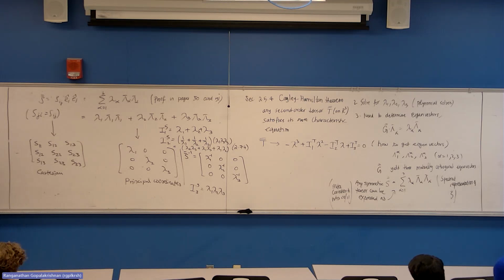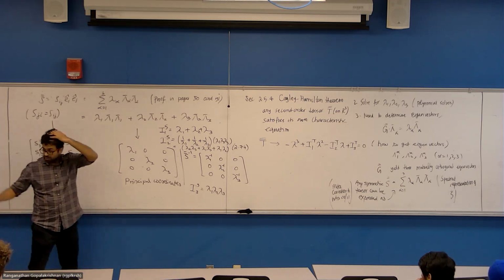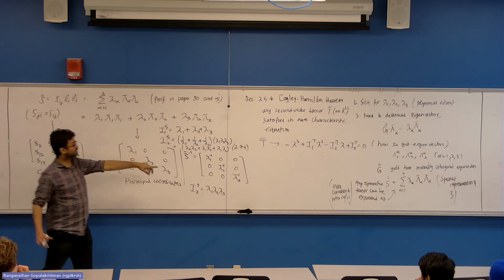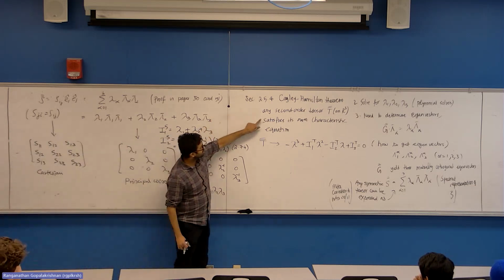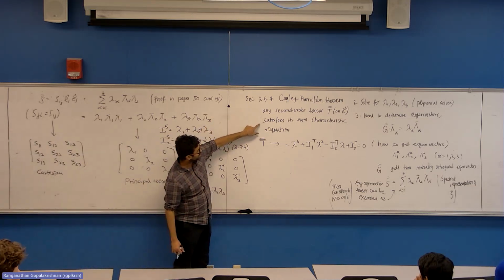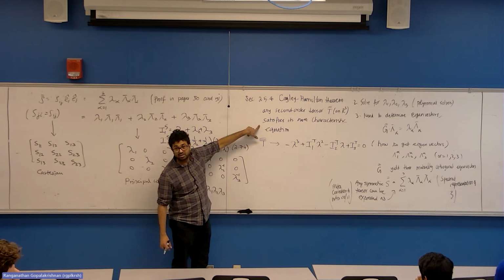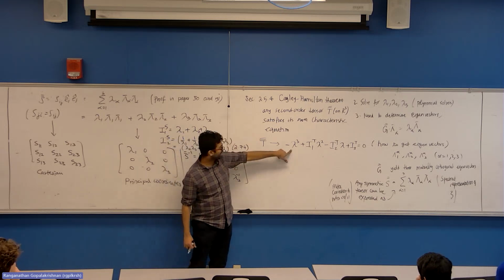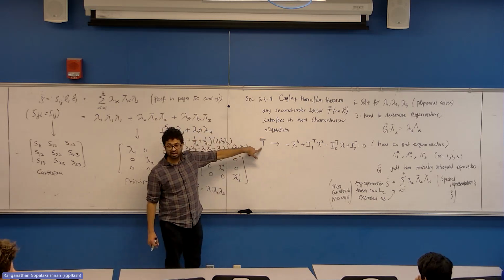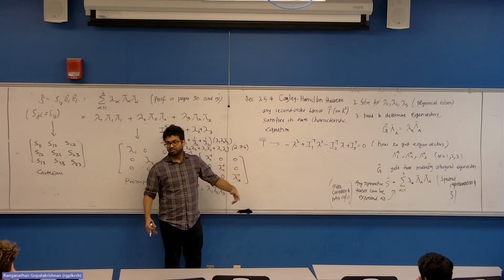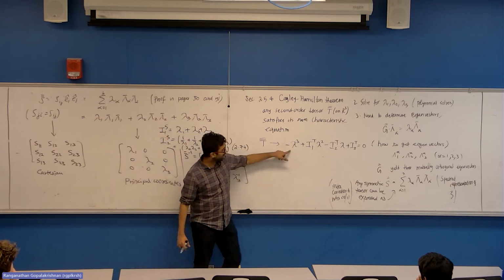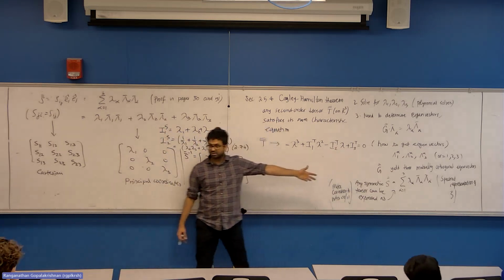Yeah, plus minus alternately. So this is the characteristic equation. The theorem says any tensor satisfies its own characteristic equation, meaning instead of lambda, if you substitute the tensor T itself, it will add up to 0. That's what the theorem says.